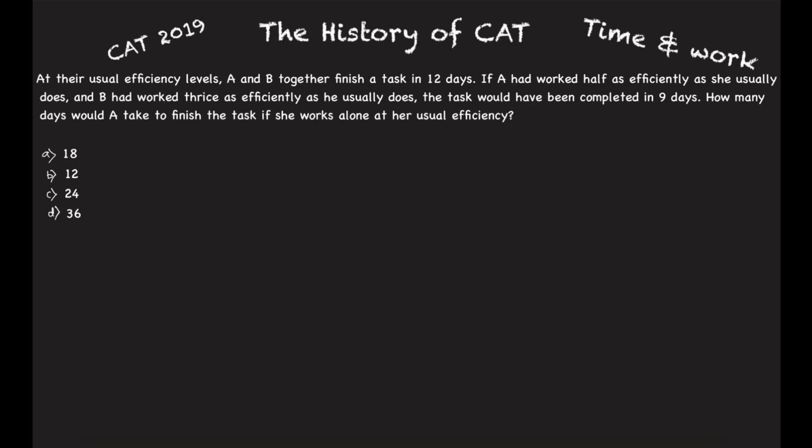So what is the problem saying? At their usual efficiency level, A and B can finish a piece of work in 12 days. If A works half as efficiently as he usually does, and B works thrice as efficiently as he usually does, then the task would be completed in 9 days.